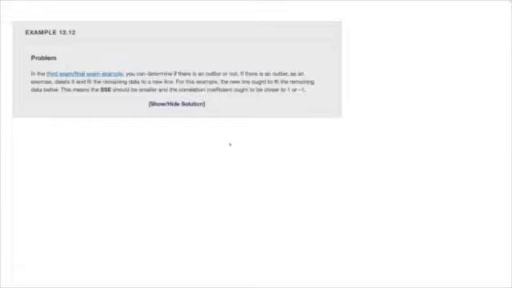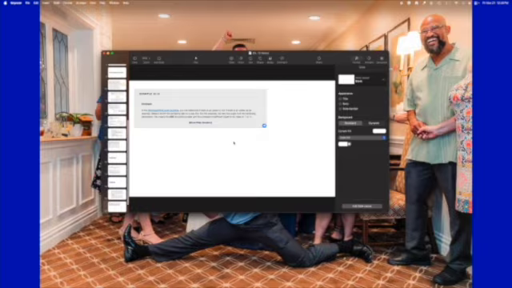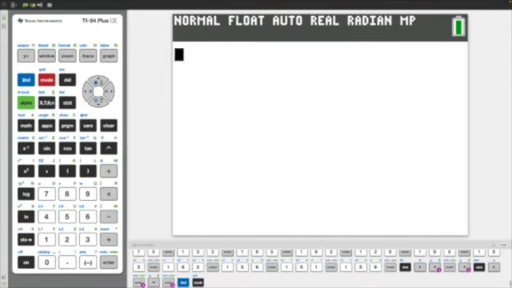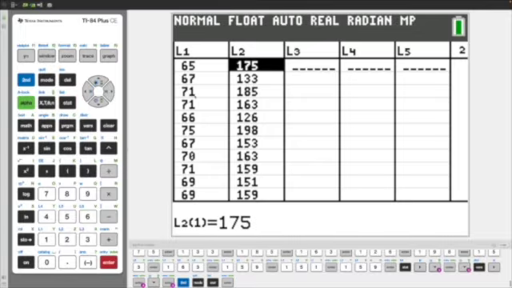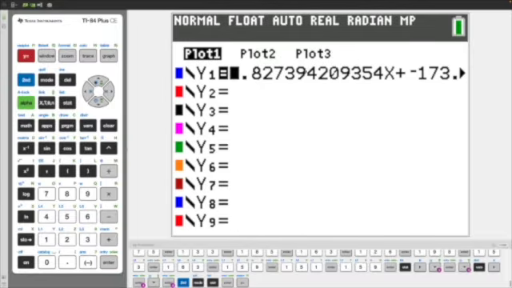So, how to determine outliers on a graphing calculator. I have already inputted my data here. I've already run my linear regression test and copy and pasted it into Y1. I need to figure out this standard deviation value.